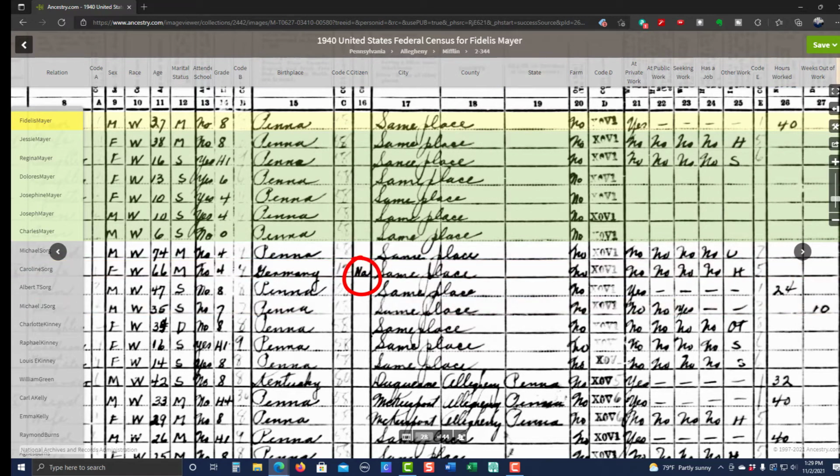for naturalized. Once again, at the bottom of the census form, it gives instructions for the enumerator to put N.A. if they're naturalized, P.A. if they have their first papers, A.L. if they're a resident alien, and AMCIT if they're an American citizen who was born abroad.